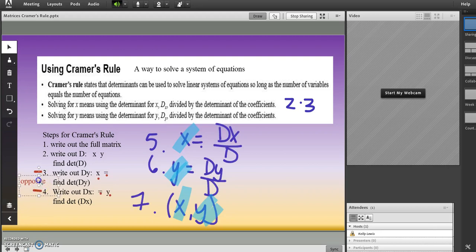So notice those few things. Pause the video if you need to write those steps down, but I'm going to go ahead and follow these steps. It seems like a lot, but it's going to be okay.